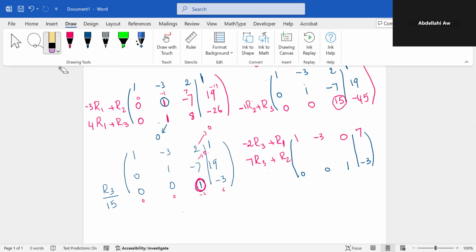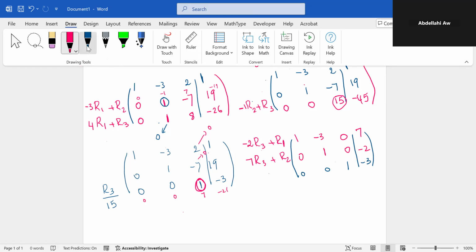So I multiply row number 3 by +7, which gives 0, 0, 7, -21, and then I add it to row number 2. 0 plus 0 is 0, 1 plus 0 is 1, -7 plus 7 is 0, and 19 plus -21 is -2.